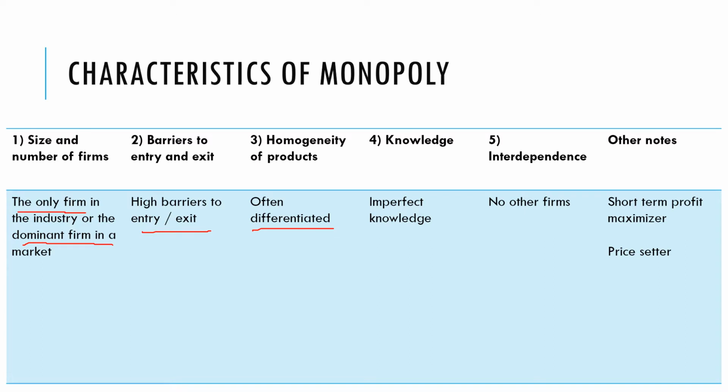Products are often differentiated, and we have imperfect knowledge. There are no other firms, so independence is not really a thing. We assume often that these businesses are profit maximizers and that they have a strong ability to set their own price. The key two for this market are over here on the left-hand side.